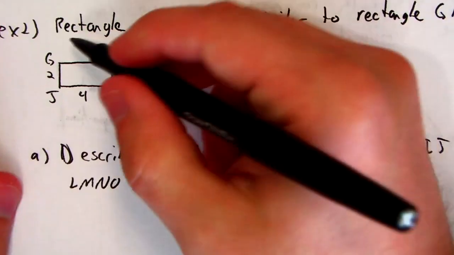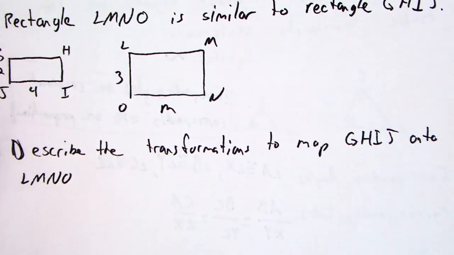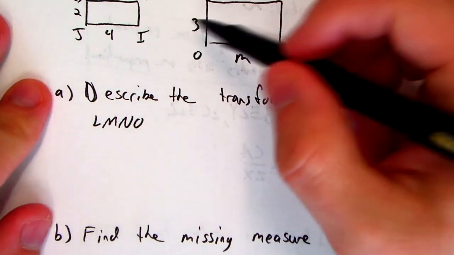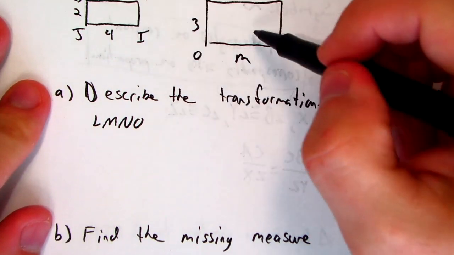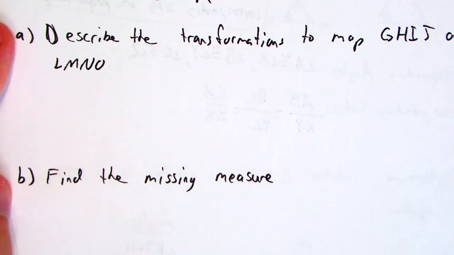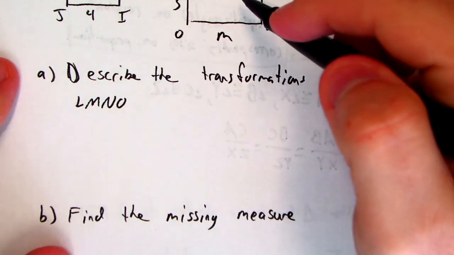So it says rectangle LMNO is similar to rectangle GHIJ, and these are the two rectangles here. So these two are similar. Letter A, it says describe the transformations to map the small one onto the big one.